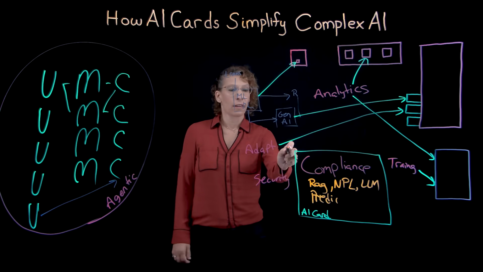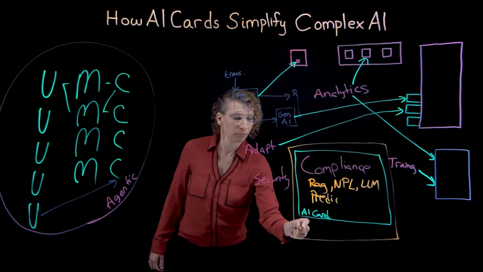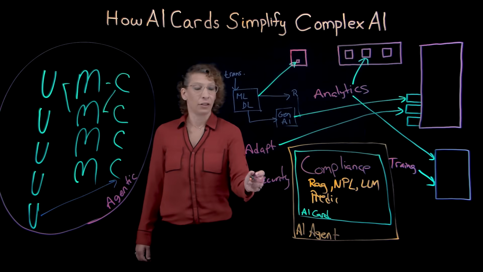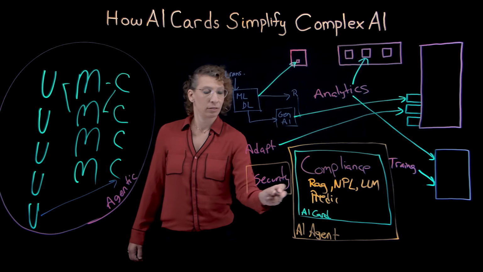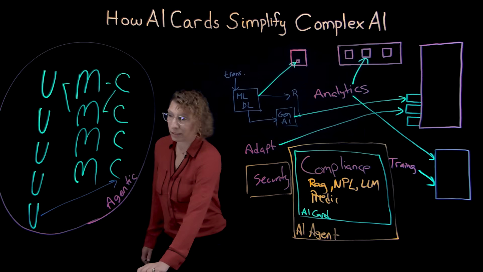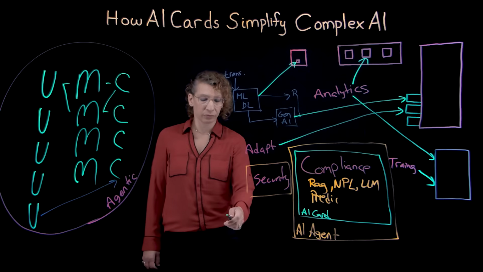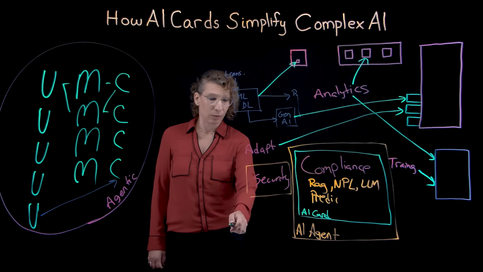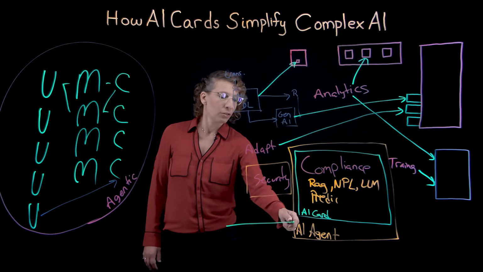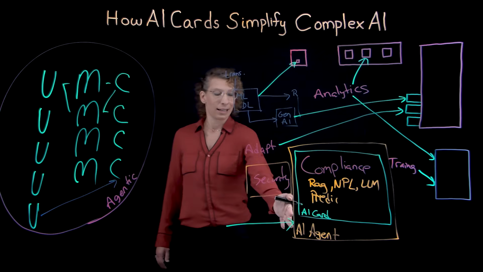So this whole piece could be an AI agent. And then you could have a separate AI agent for security, etc. So when you have a use case to interact with your compliance task or your security task or adaptability, you can bring the problem directly to the AI agent.